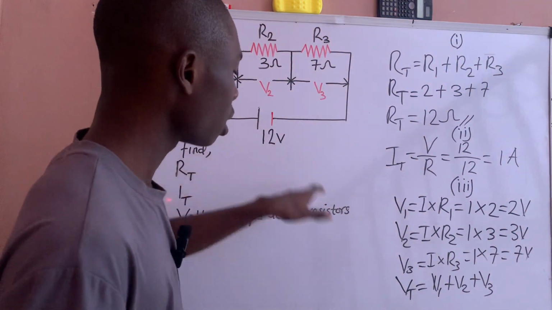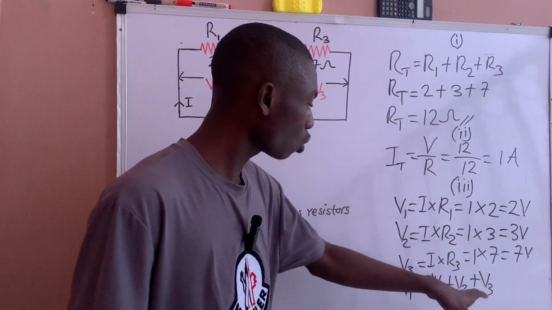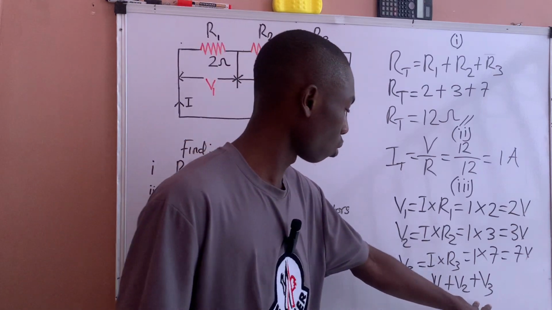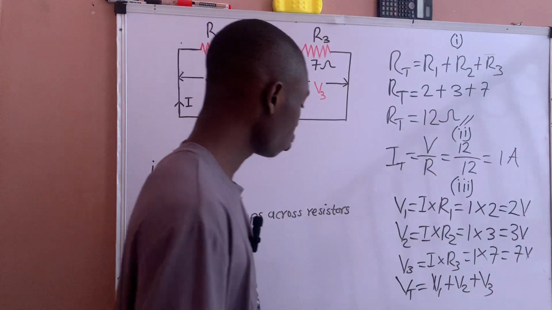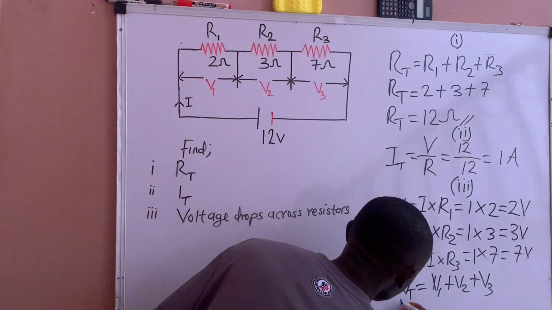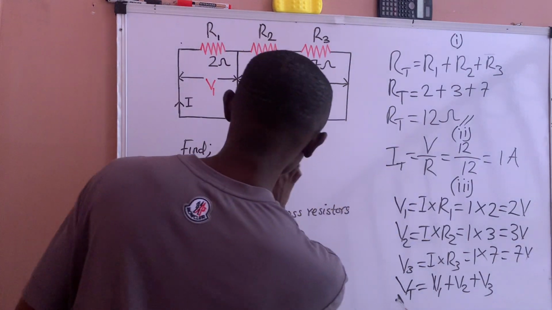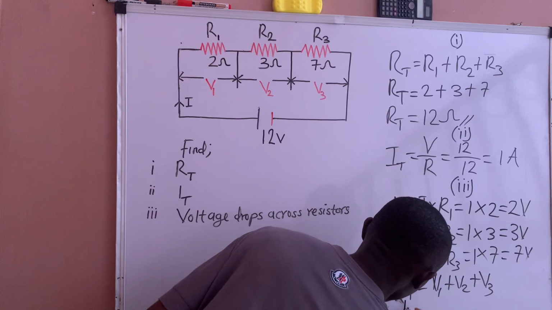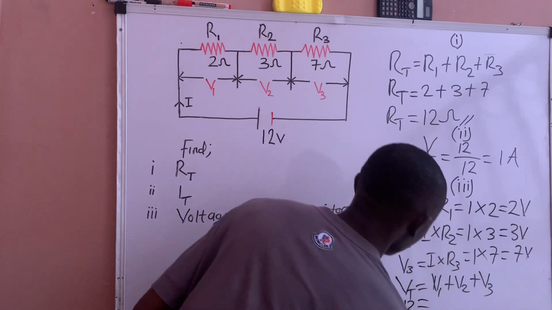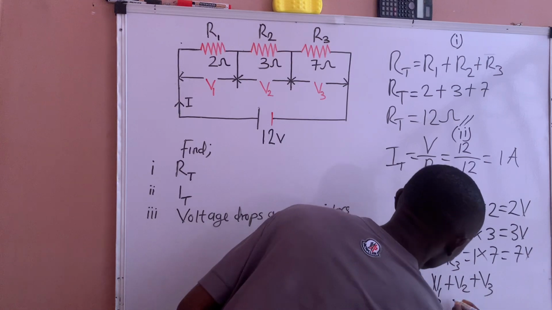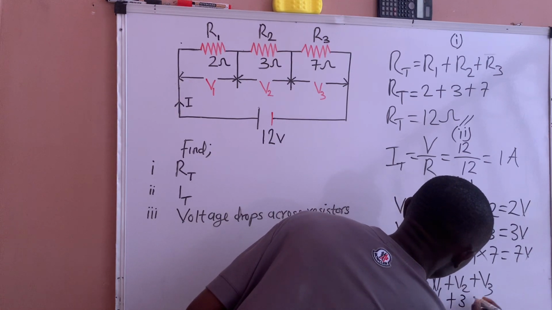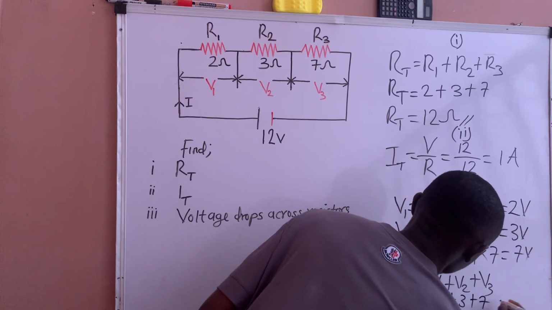To confirm that the voltage drops across the individual resistors will be equal to the total supply voltage, which is Vt, and Vt is 12. We know that Vt is 12, which will be equal to V1, so our calculation is 2, and V2 is 3 and V3 is 7.